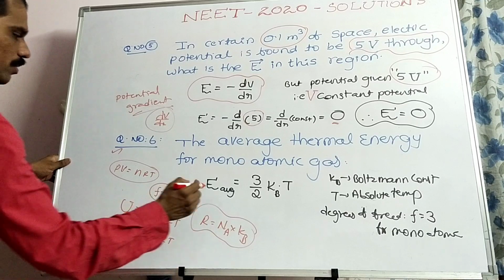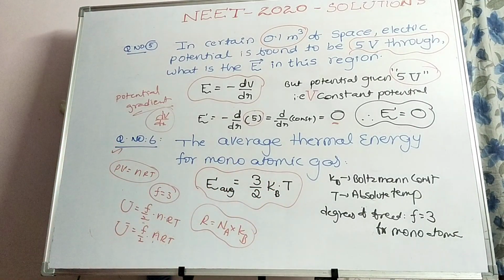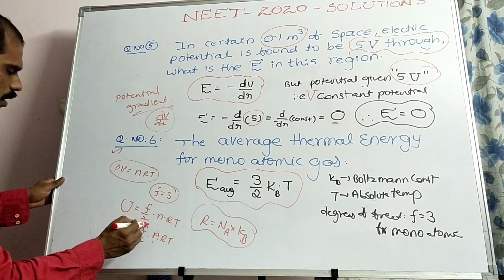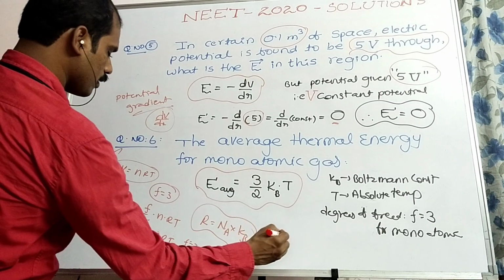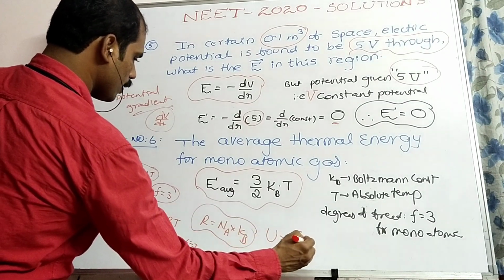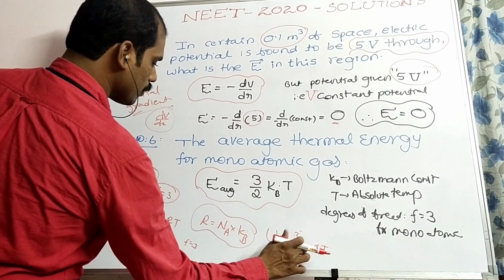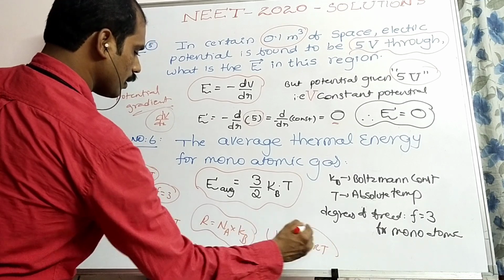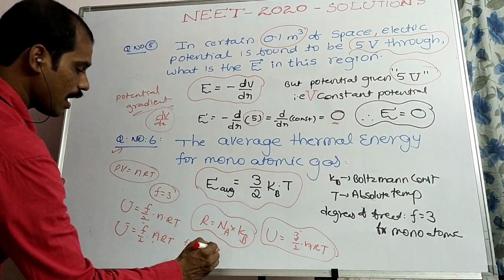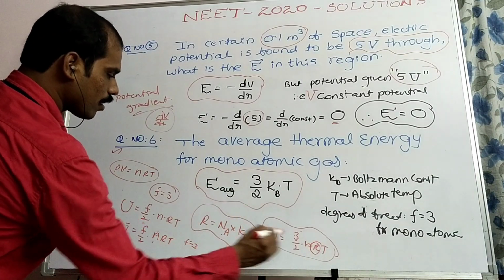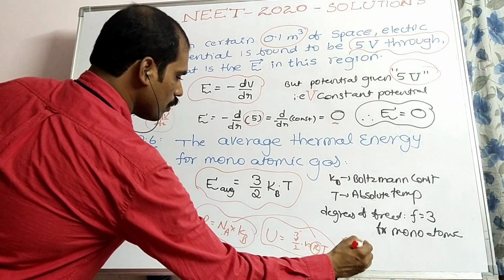Using these expressions, we will prove that 3 by 2 kB into T, where we know that F is equal to 3. Internal energy U is equal to 3 by 2 into N into R into T, and R can be written as Avogadro number into Boltzmann constant.